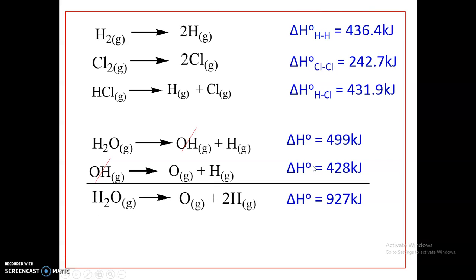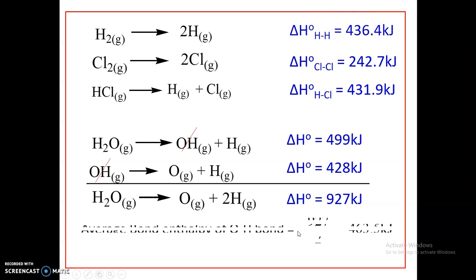We added these two equations, and therefore when we add these two enthalpy change values, it will be 927 kilojoule. Actually, equation 1 and equation 2, these two are added. Similarly, these two values are also added and we get 927 kilojoule.